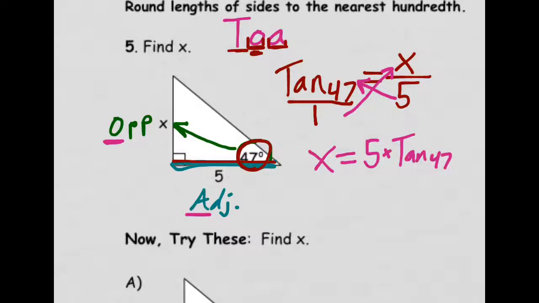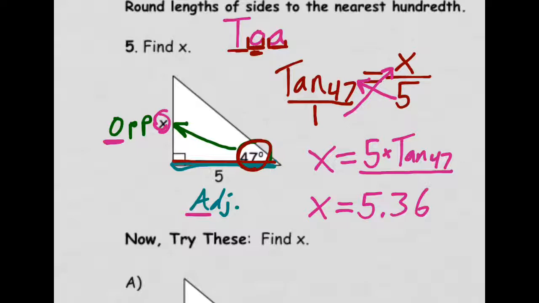Okay, so now you're going to enter that into your calculator, 5 times the tangent of 47, and I'll pause for a little bit while you do that. Alright, so if you enter 5 times the tangent of 47 into your calculator, you're going to get x equals 5.36.